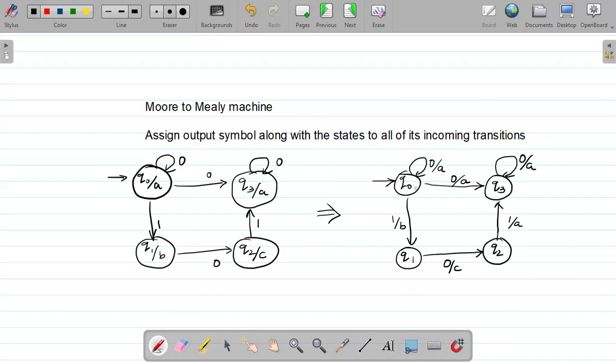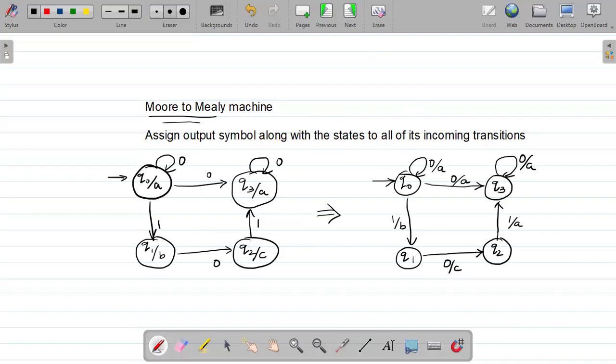The number of states remains the same, and transitions we are keeping the same. Only the output symbol is moved from the state to the transition. So this is the Moore to Mealy conversion, and it is quite simple. If you get a question to design a Moore machine and then convert it into a Mealy machine, this is the way you need to convert.